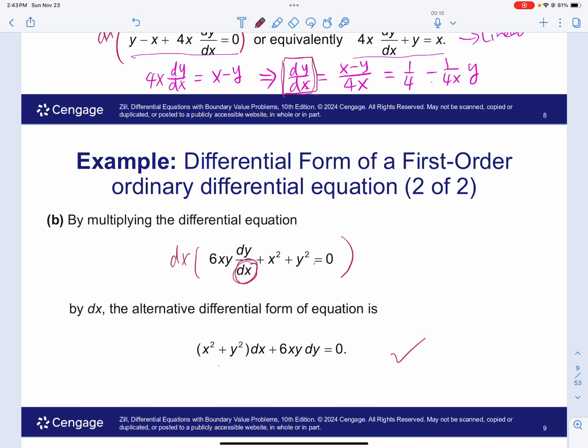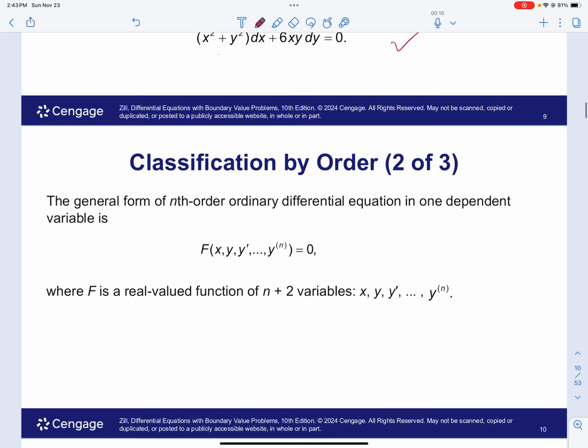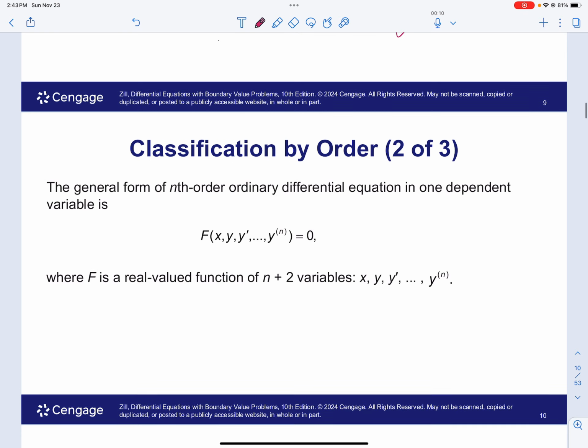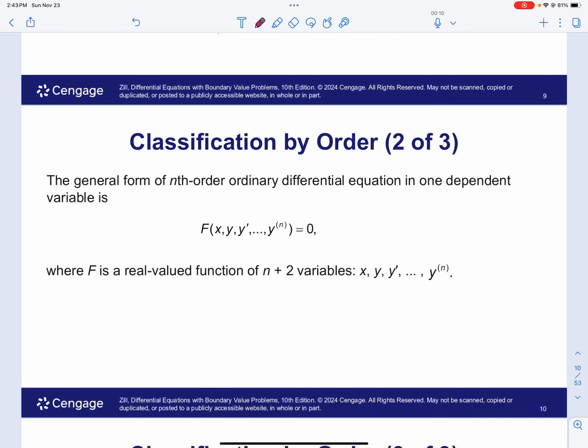Okay, and the classification by order. What is the general form of the nth order differential equation in one dependent variable? We write down the nth order as F(x, y, y prime, ..., y^(n)) equal to 0. Could you give me an example of a second order differential equation?